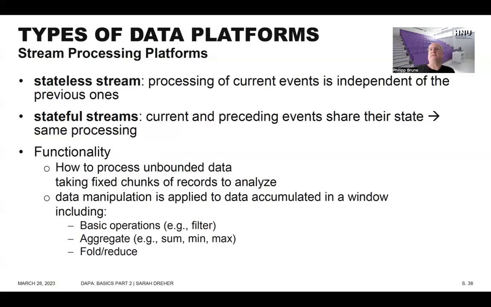There's no inner state of the process. So every event or every processing depends only on the information delivered by a single event. And we have stateful streams where actually the stream itself keeps some kind of memory. So the handling of an event might depend on the input that has been processed before.